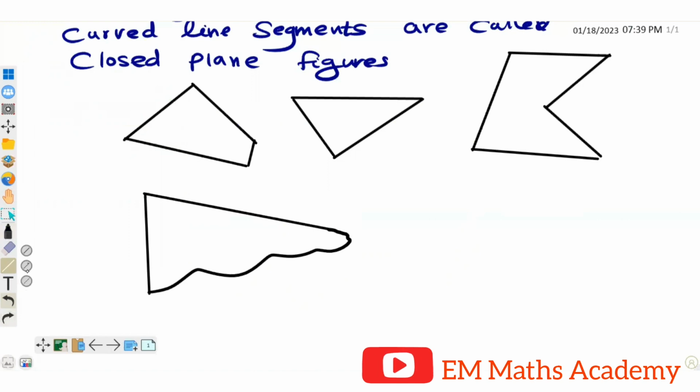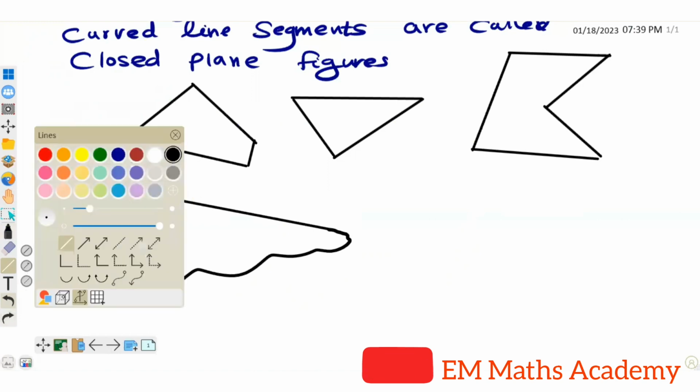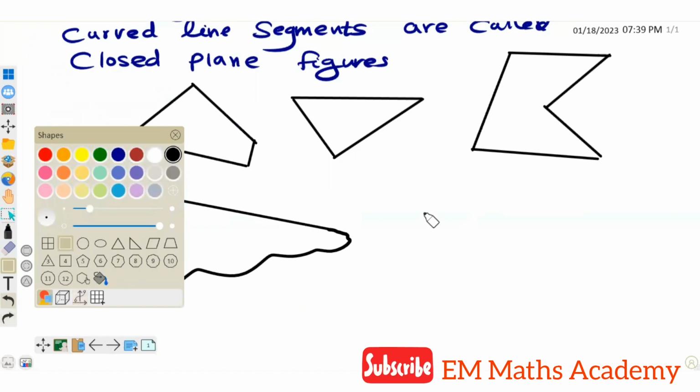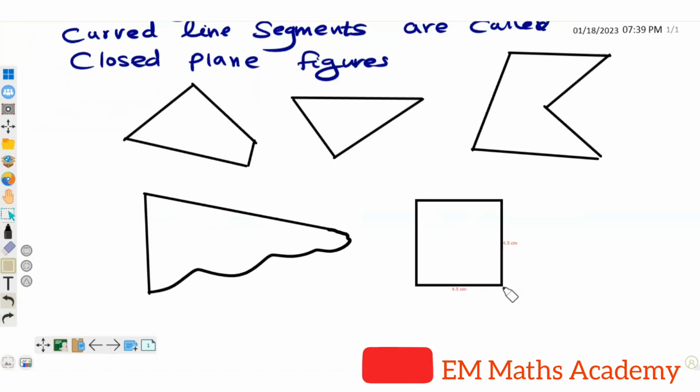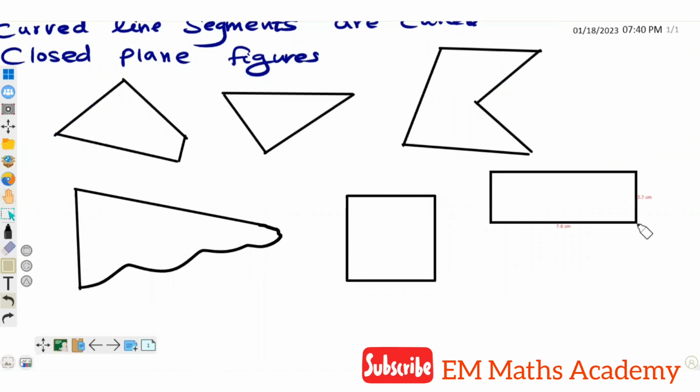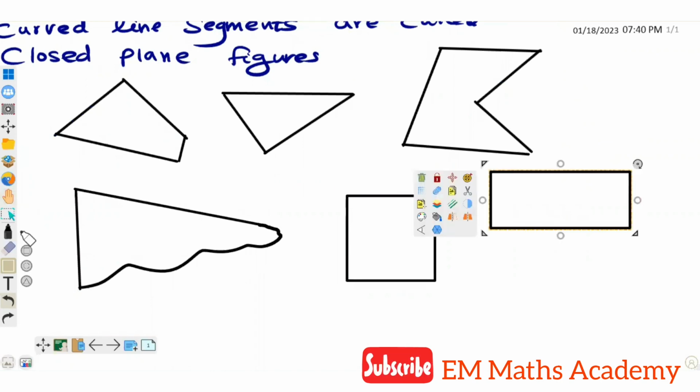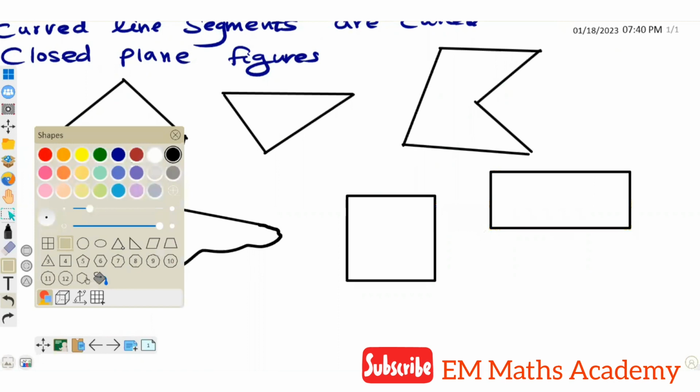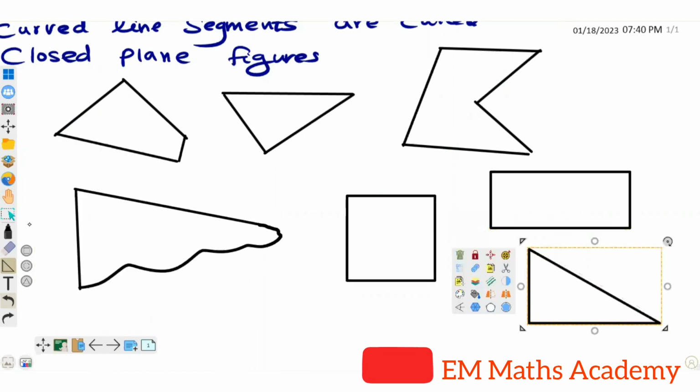Now, if we consider some figures which we know, okay, now what is this one? You all know the name of this shape? It is a square. Here it is a rectangle. Now this one is a triangle, and also you have seen a right angle triangle.